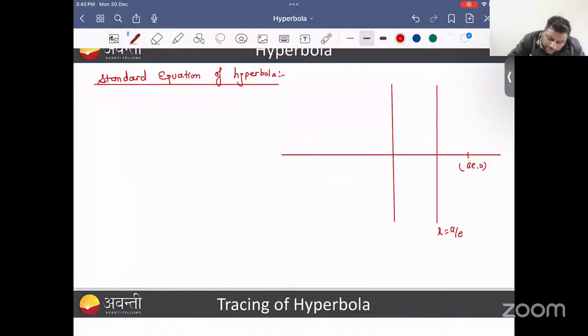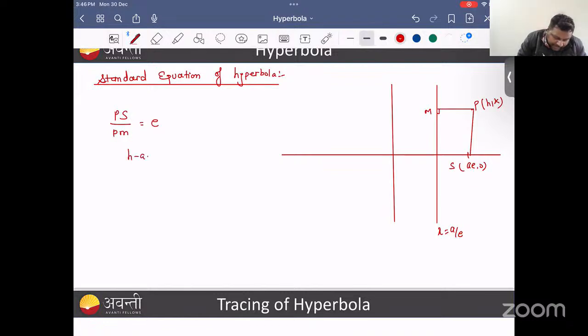Now there is a point P(H, K), which is moving in such a way that PS, the distance from this fixed point, and PM, the distance from this fixed line, are such that PS upon PM is constant, E.